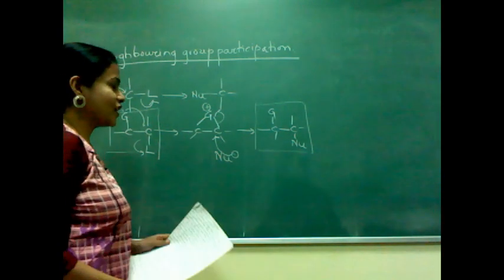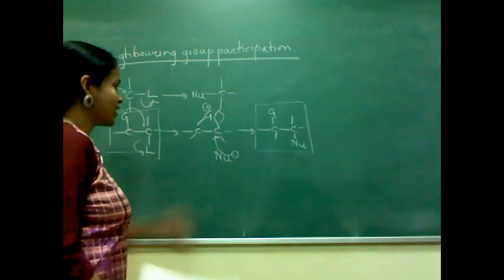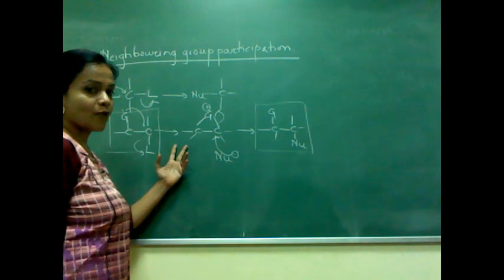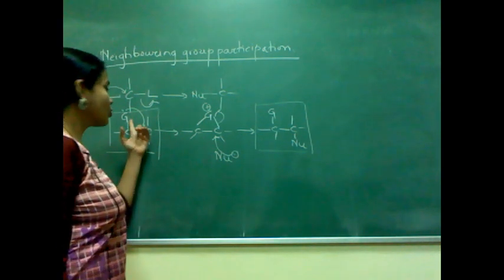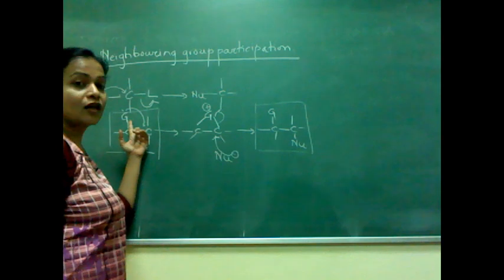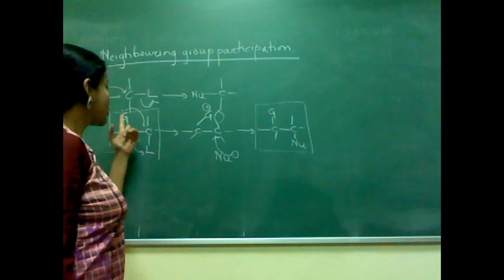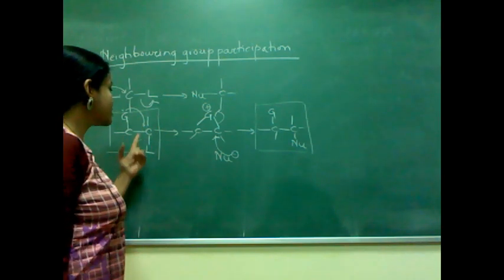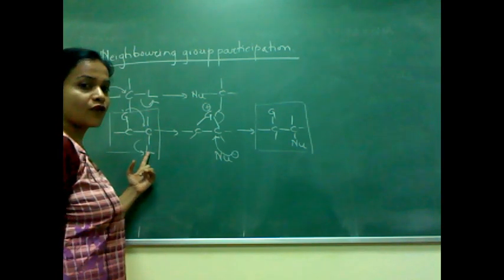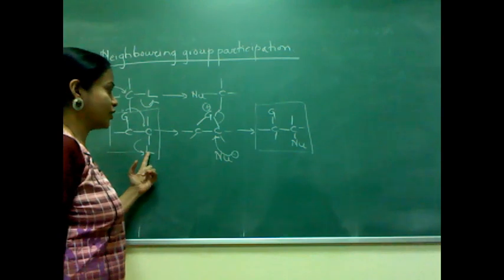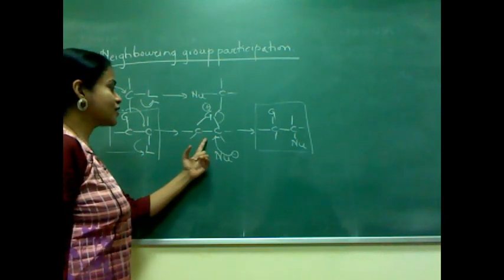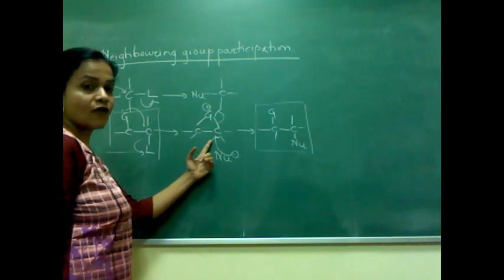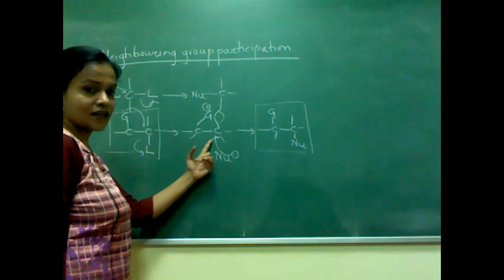How can you explain this? In the first step of this reaction, the group which possesses a lone pair of electrons displaces the leaving group from the side opposite to it, leading to the formation of the cyclic intermediate.